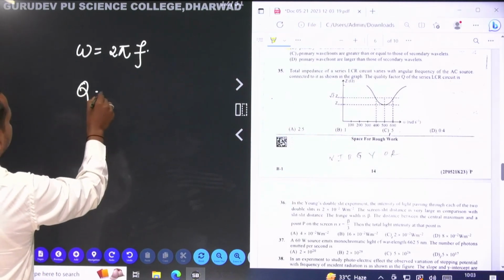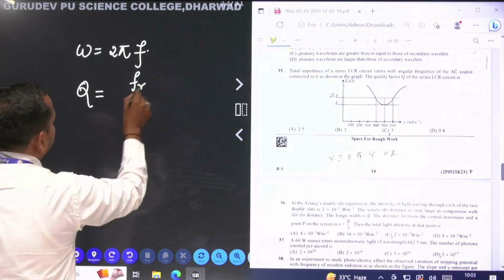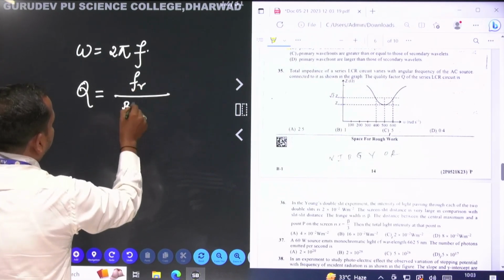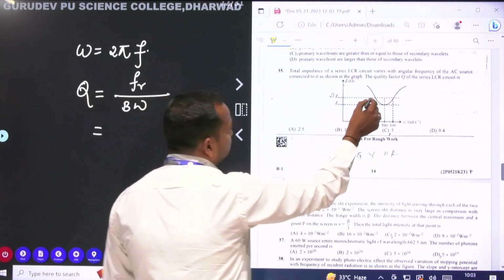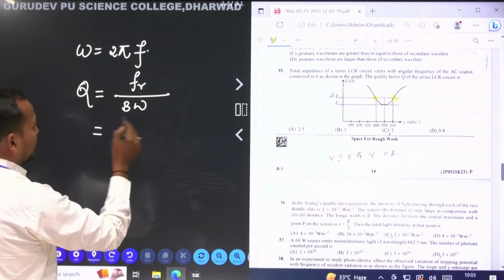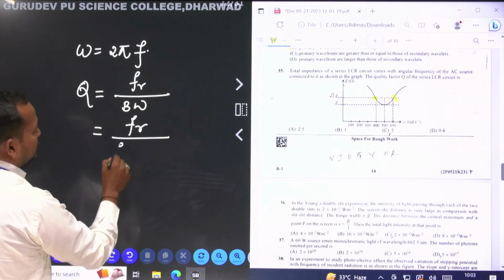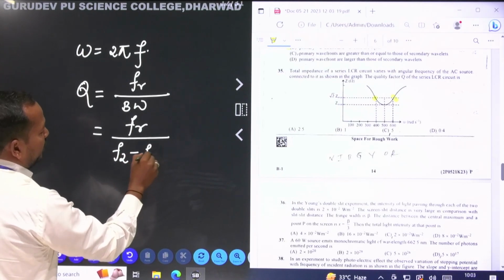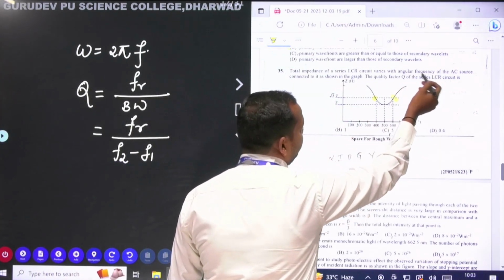The quality factor formula in terms of resonating frequency is resonating frequency divided by bandwidth. Now, what is bandwidth? The bandwidth comes between these two points. Nothing but I can write the formula as resonating frequency divided by bandwidth, which is f2 minus f1. Here they have not directly given frequency, but they have given angular frequency.